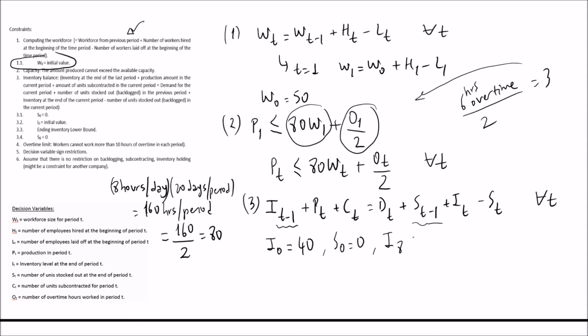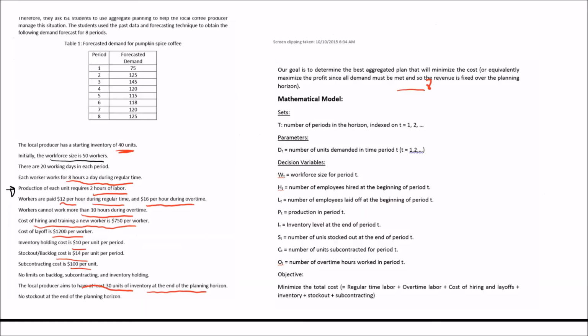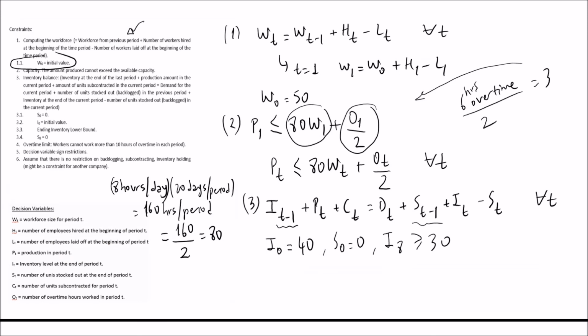My ending inventory must be at least 30 units. If we go back to our problem statement, sorry, it says at least 30 units of inventory. I8 is greater than or equal to 30, and there is no stock out allowed in the last period. So these are the additional constraints.